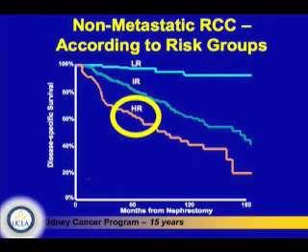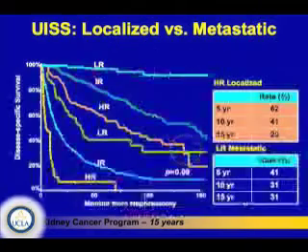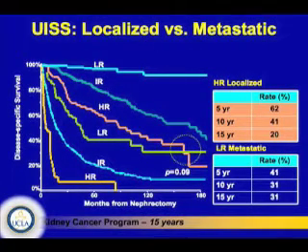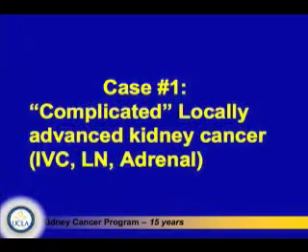And when you look at the survival of these high-risk patients, you can see once again, as your risk increases, your risk of death increases also. And the high-risk non-metastatic patients actually have long-term survival that's out to 10 years. That's very similar to the low-risk metastatic.